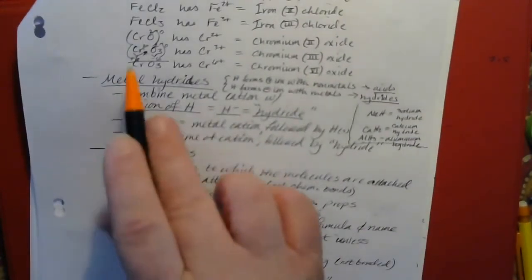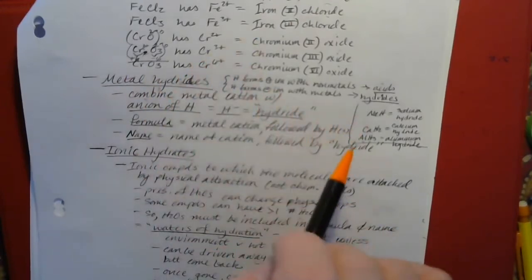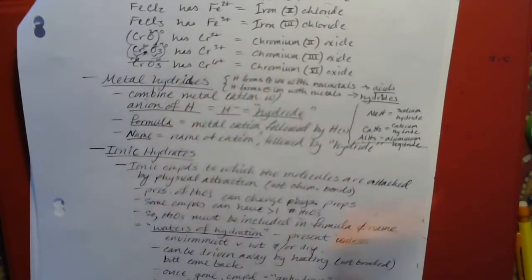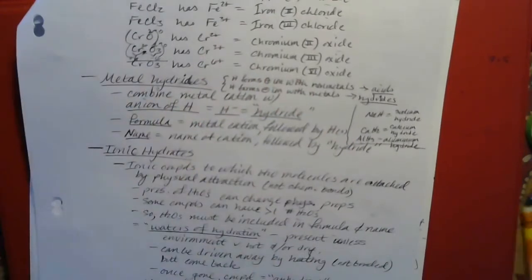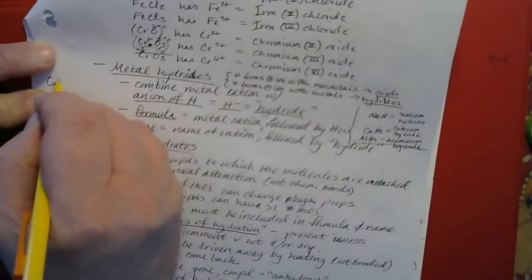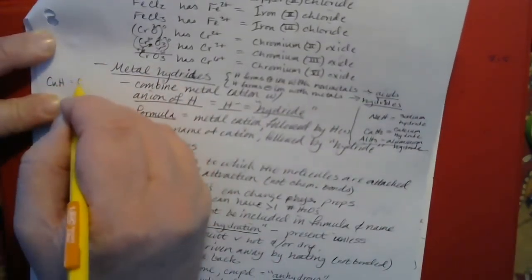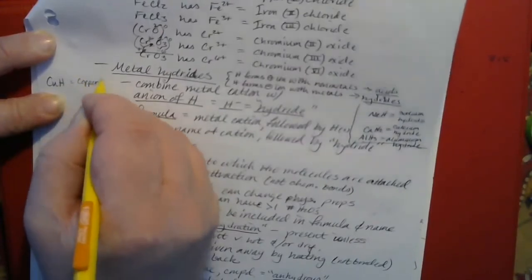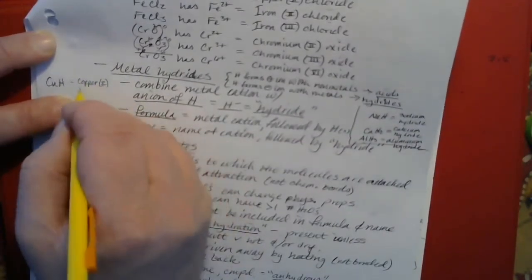You could also have transition metal hydrides. In those cases, you would have to specify the charge on the metal ion. So for instance, CuH would be copper 1 hydride.